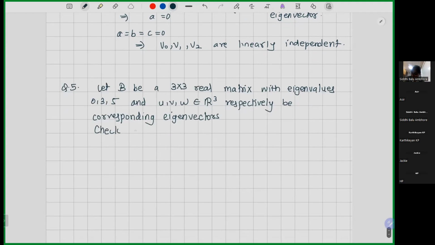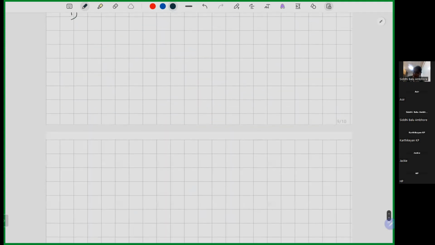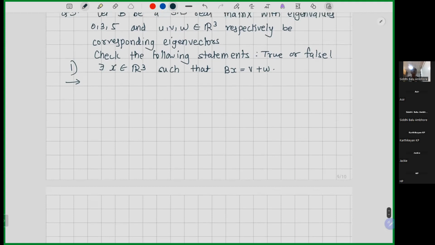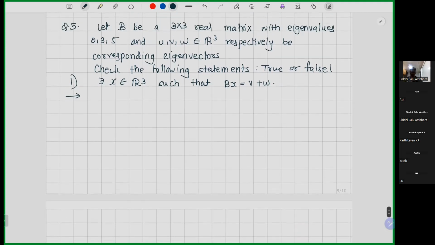We need to check whether the following statements are true or false. The first statement is that there exists X in R3 such that Bx is equal to V plus W. U, V, W are all eigenvectors corresponding to 0, 3, 5.